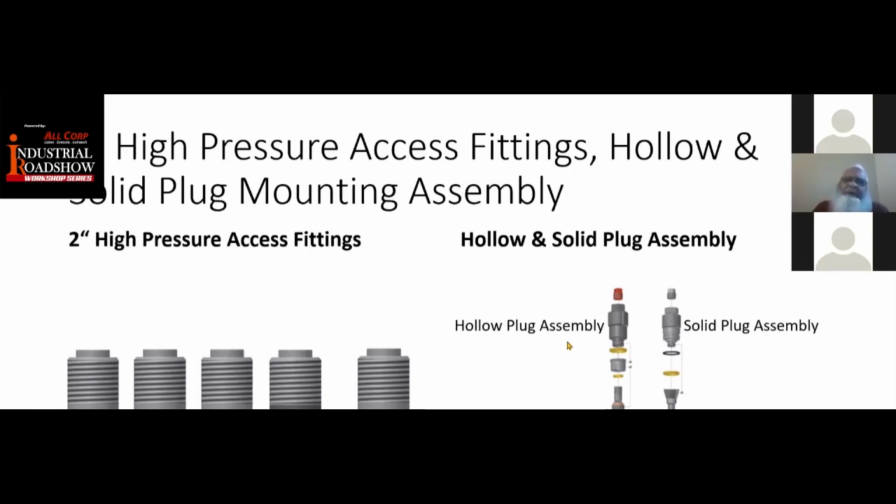These are the actual hollow plug assemblies and the solid plug assemblies. The hollow plugs are used for the ER probes, LPR probes, and the sand probes. The solid plug assembly is used mainly for the coupon installation, and these are two different techniques.